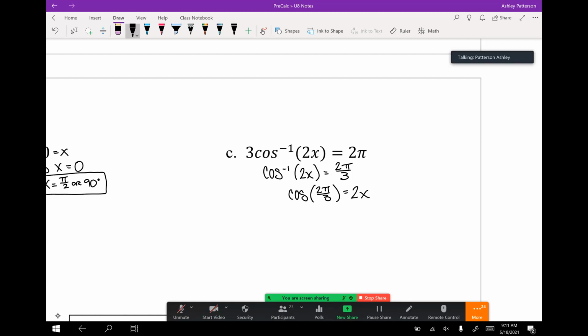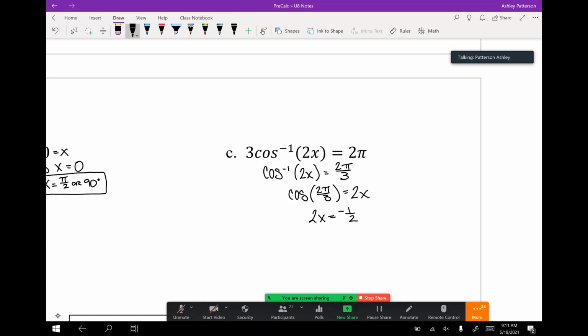What is the cosine of 2 pi over 3? Yeah, very good. Negative 1 over 2. So we get 2x is equal to a negative 1/2 ratio. But then we have to divide by 2.